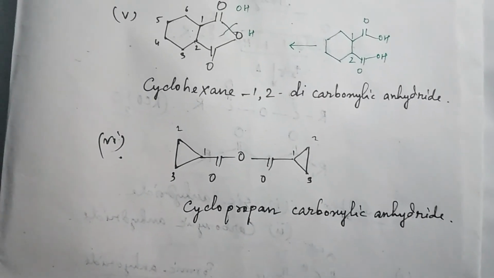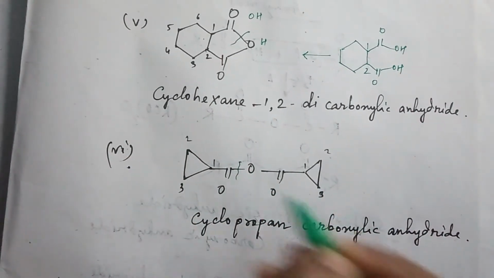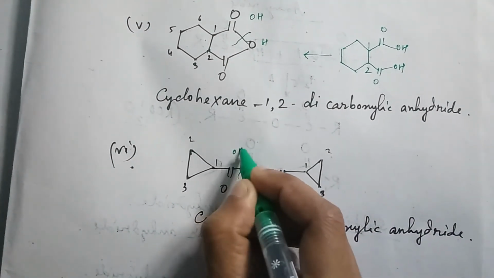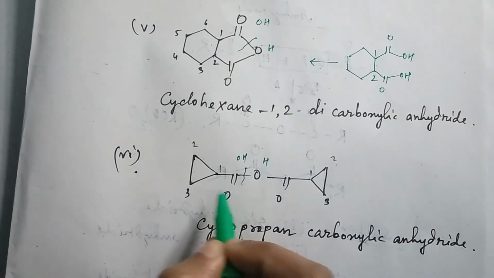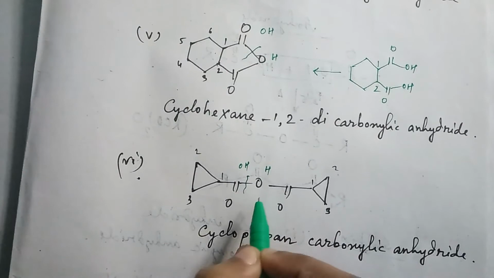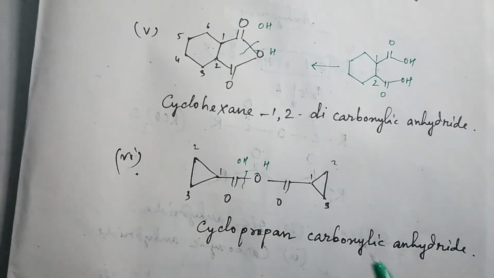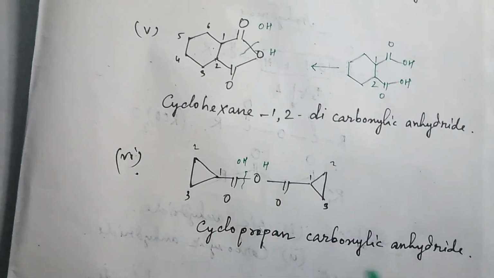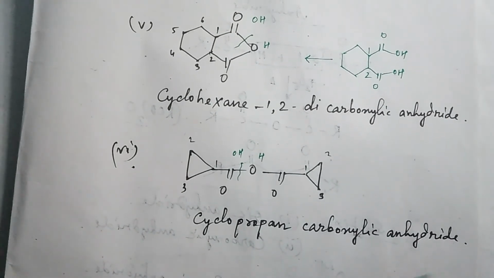Why carboxylic anhydride? Obviously again if you break this portion, here if you add OH and here H, then you can get cyclopropane carboxylic acid. So from cyclopropane carboxylic acid you are getting this anhydride. So this one is cyclopropane carboxylic anhydride.